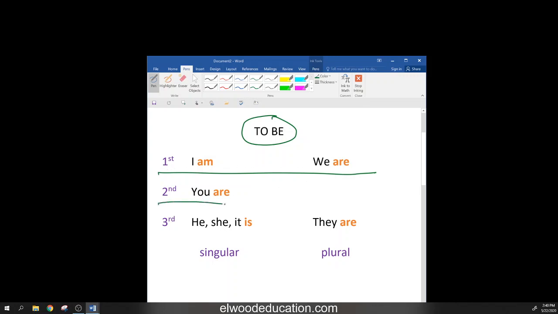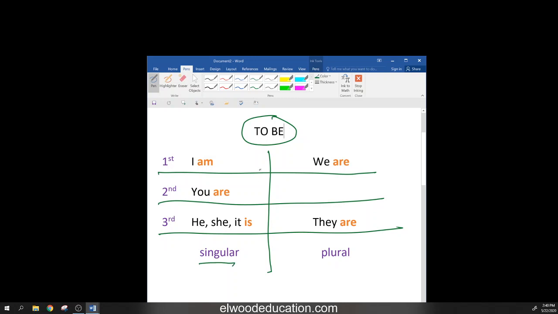The second row is second person, and the third row is third person. We have two columns. The column on the left, everything is singular, so all of these are singular structures. And on this side, everything is plural, so all of these items are plural.